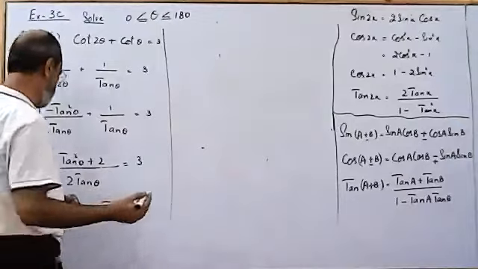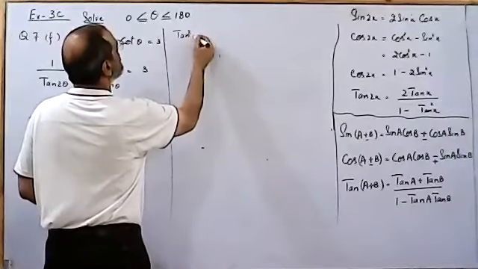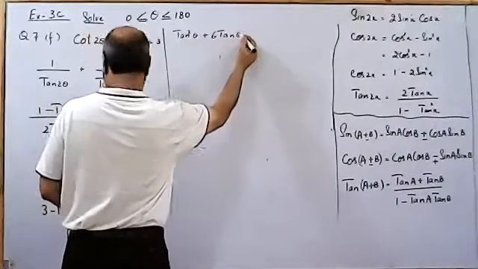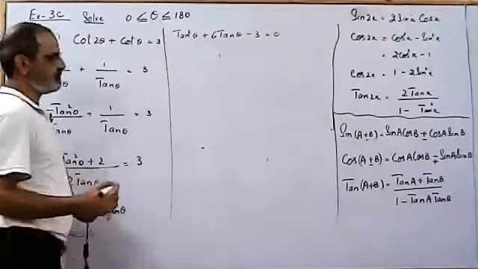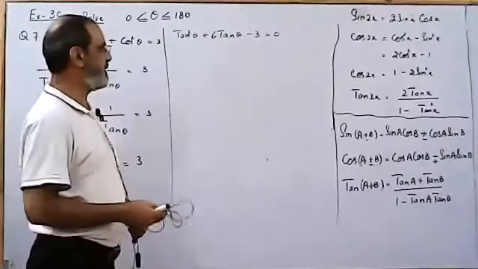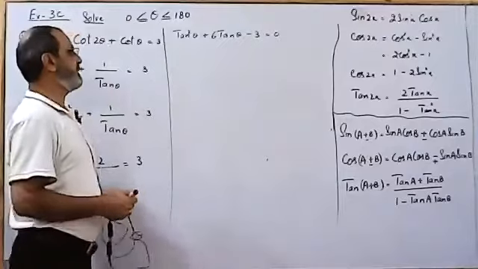Now rearranging them, we have tan square theta plus 6 tan theta minus 3 is equal to 0. Now we can factorize this equation or we can use the quadratic formula. It's your choice to use the quadratic formula to solve it or to factorize it.